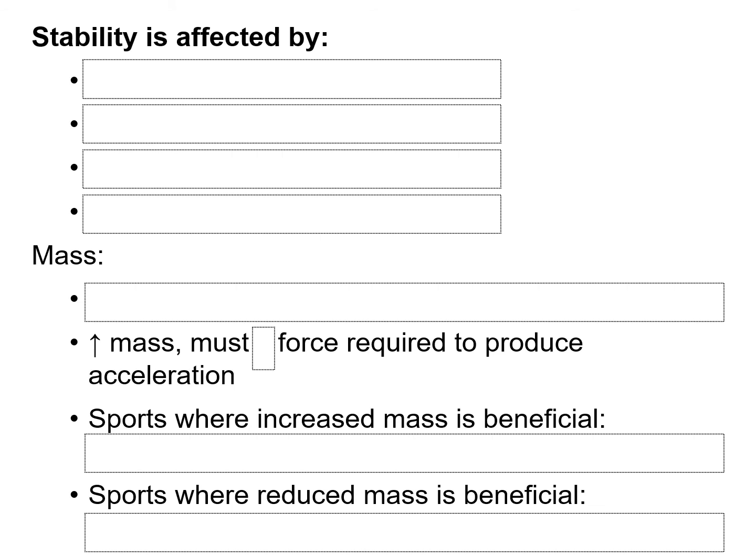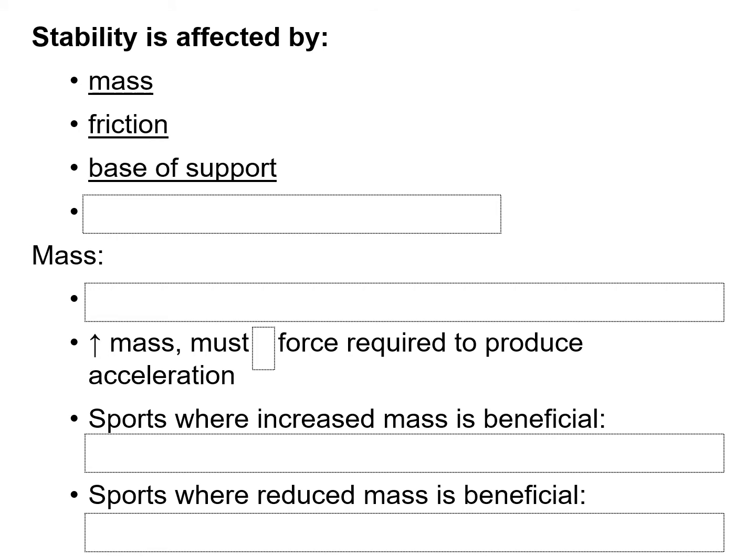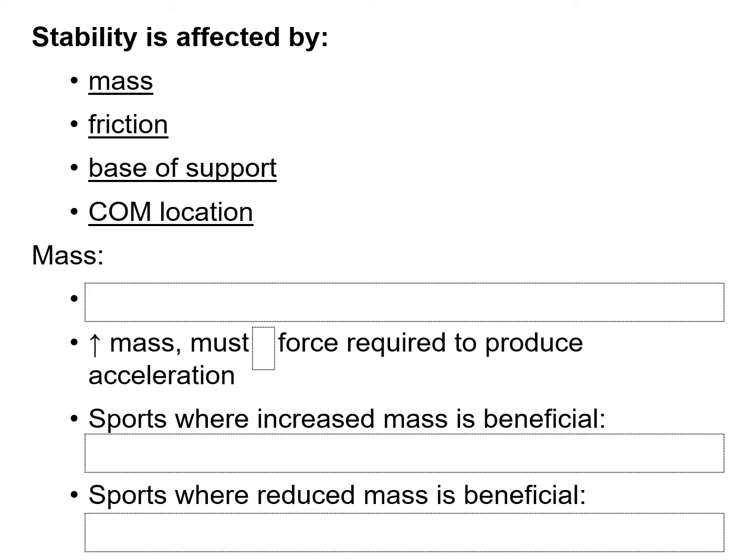So stability is affected by four main components: your mass, the friction between the two moving objects, your base of support, and the center of mass location of your body.